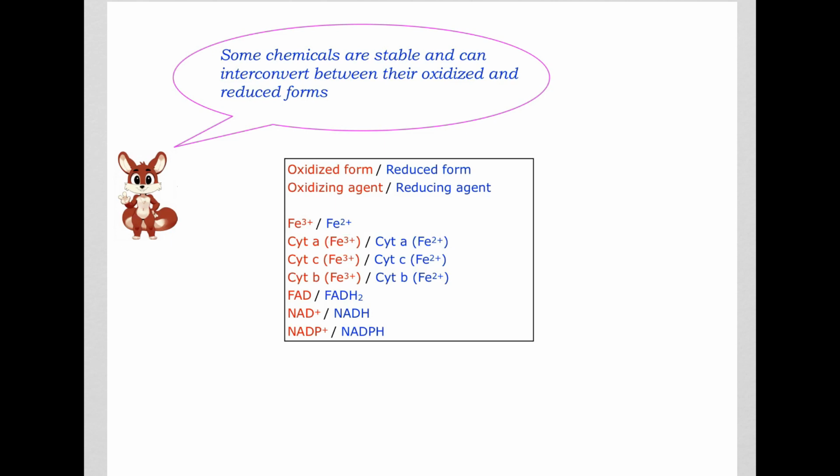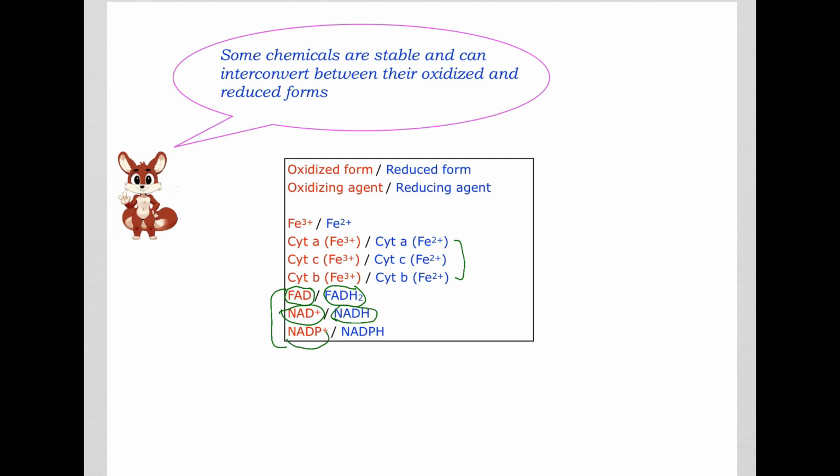Besides metal ions, we do have some organic chemicals that can exist in their oxidized or their reduced forms. For example, FAD is the oxidized form, and the reduced form is FADH2. NAD is the oxidized form, NADH is the reduced form.